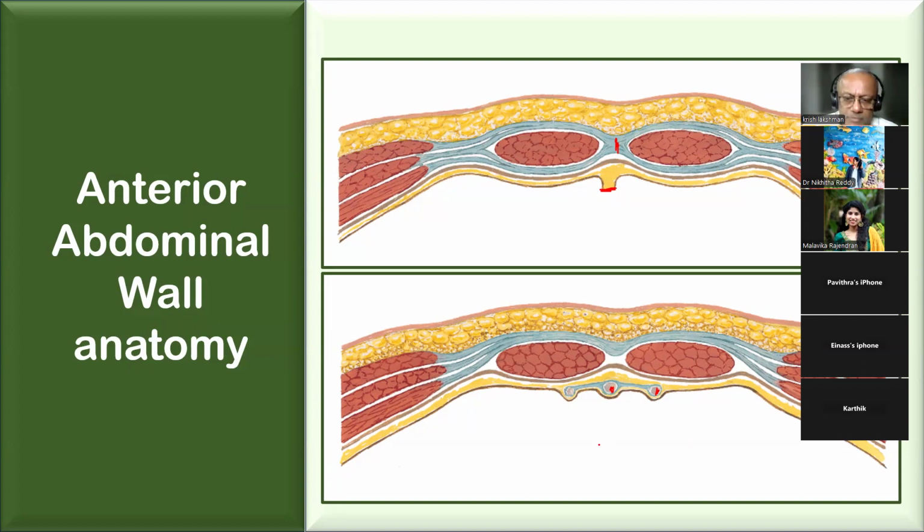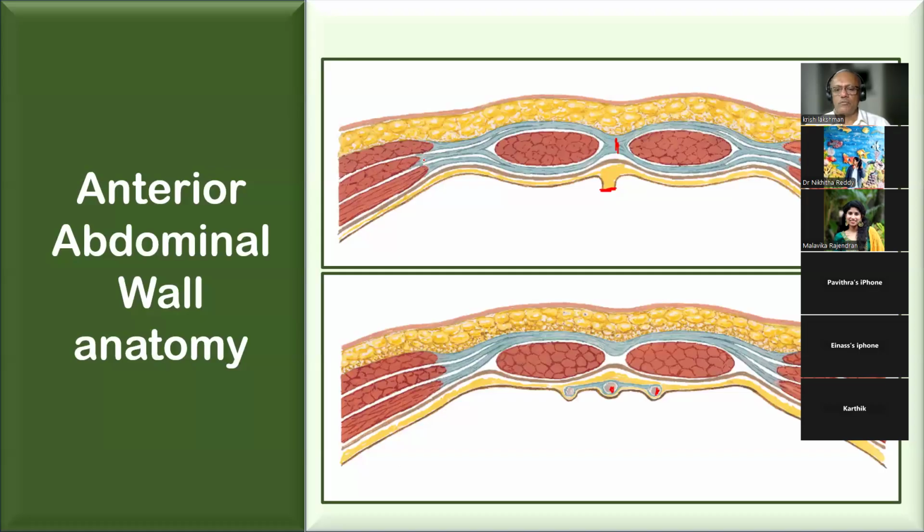What is important for us to understand is that the anterior abdominal wall, as you have mentioned, is the skin, subcutaneous tissue, anterior rectus sheath, rectus muscle, posterior rectus sheath, transversalis fascia, peritoneum and extraperitoneal fat. The muscles are the external oblique, internal oblique, and the transversus.